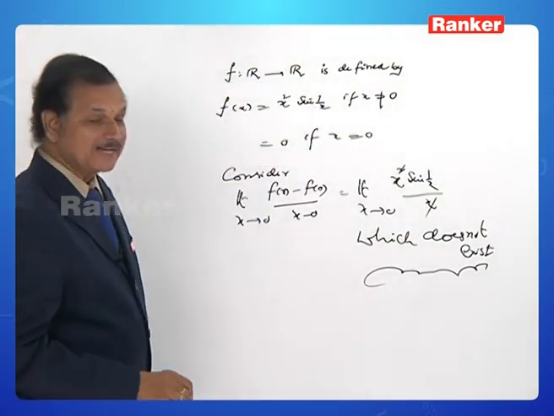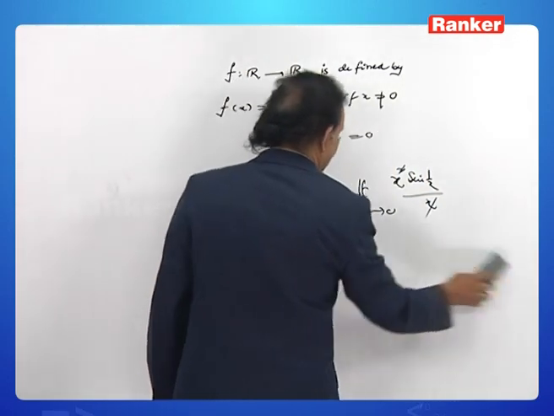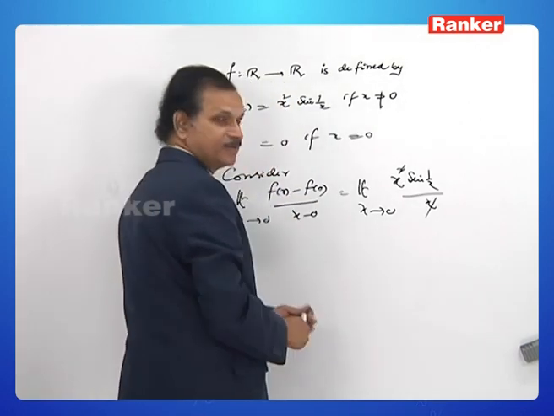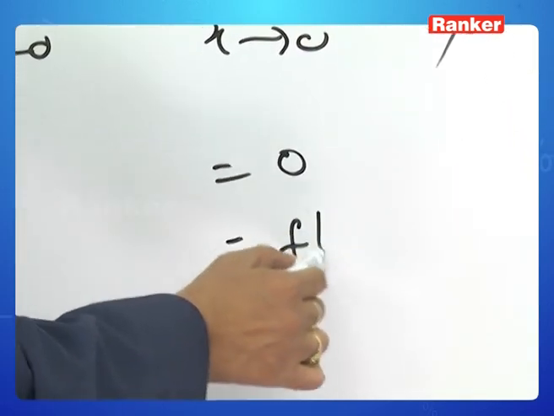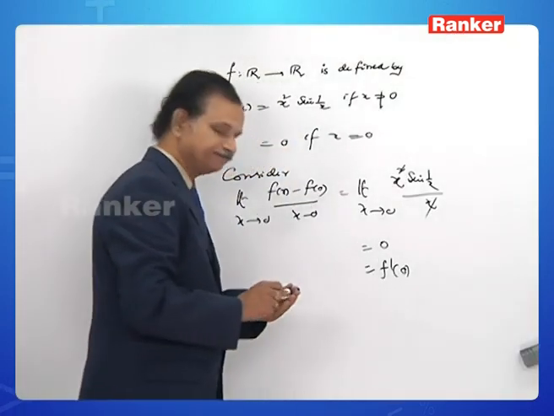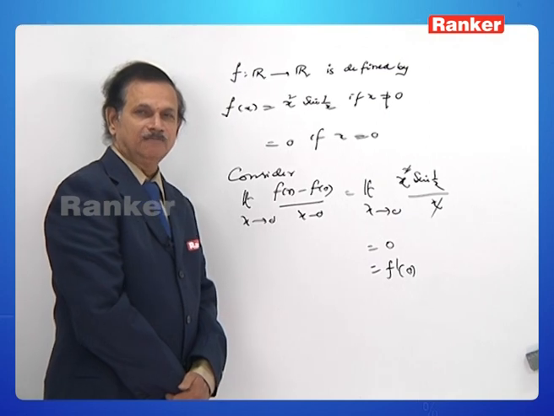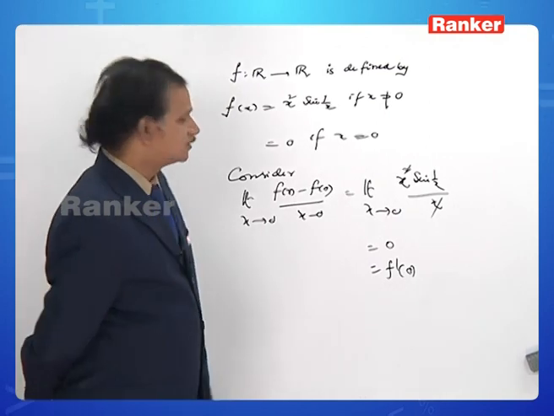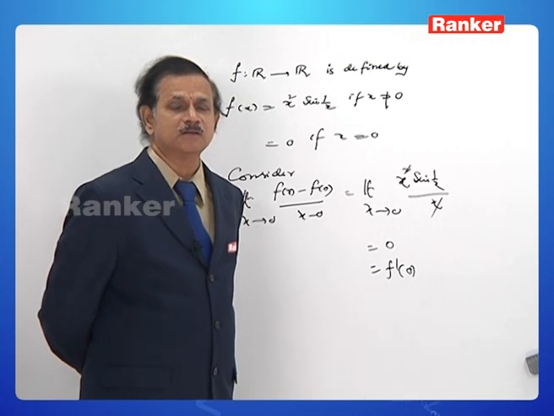What is there? x sine 1 by x is there. And we are sure of the result. This limit is of course 0. So we are happy. This is nothing but f dashed 0.